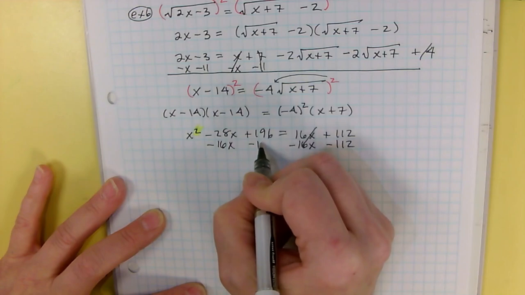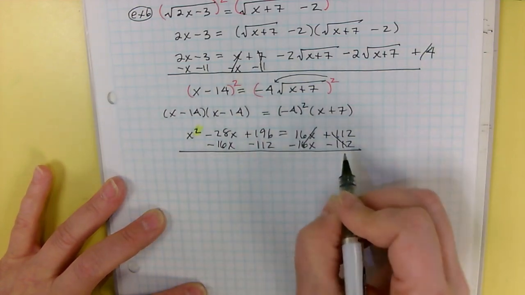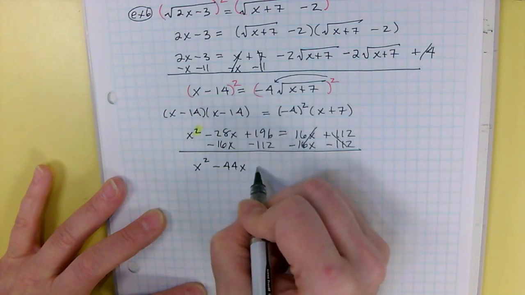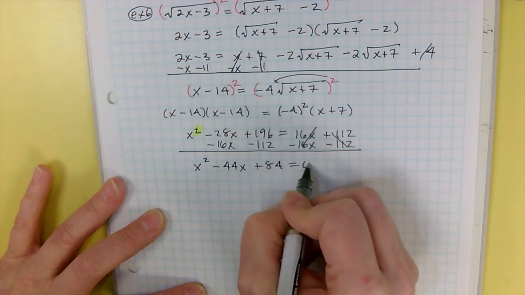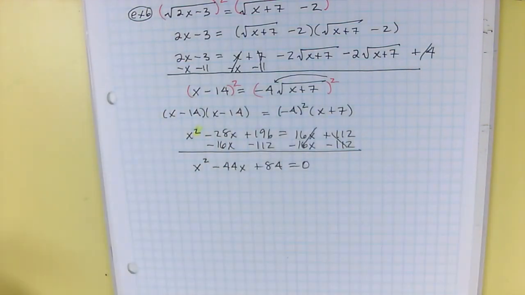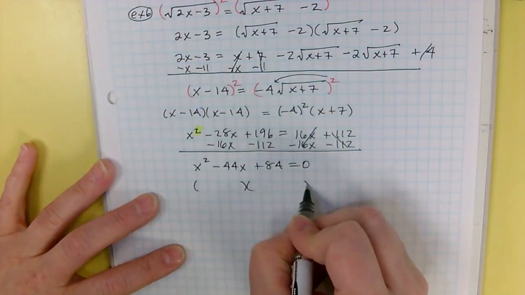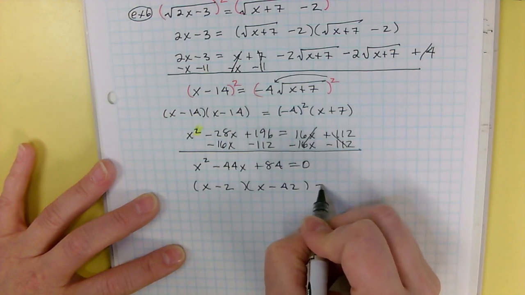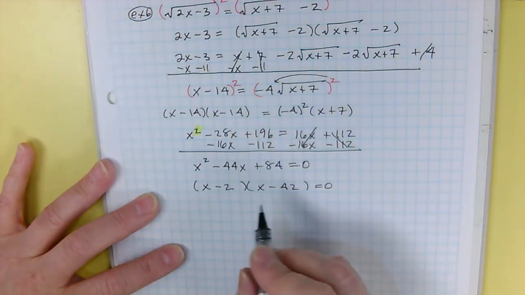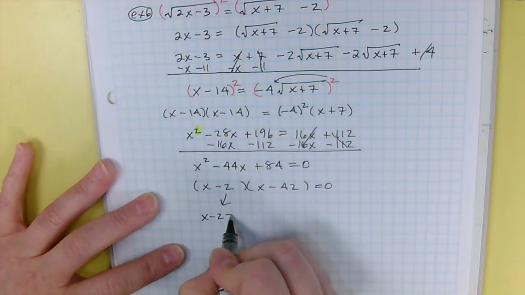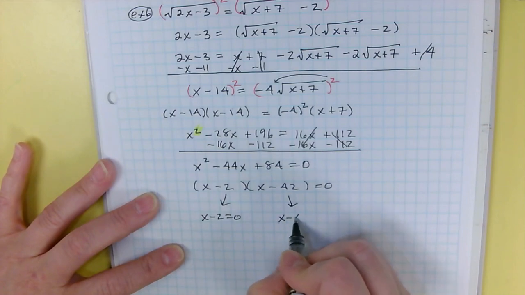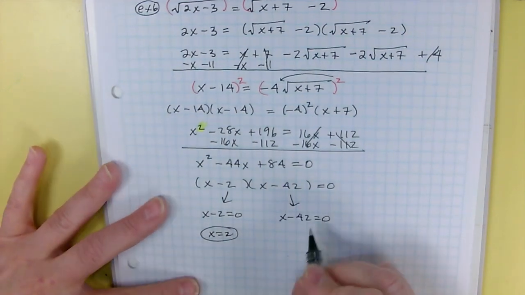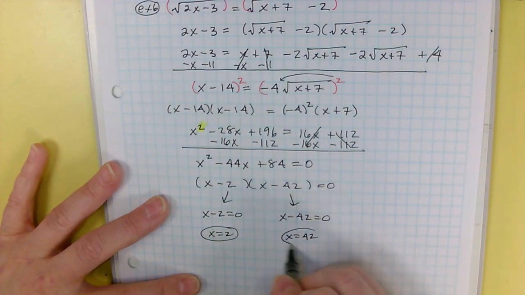I'm going to subtract 112 over to the left. That gives me x squared minus 44x plus 84 equals 0. And this ends up factoring into x minus 2 times x minus 42 equals 0. So set each of those equal to 0 and solve. We get x equals 2 and x equals 42.